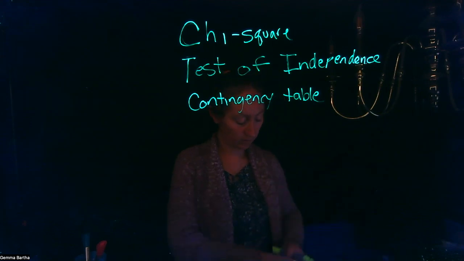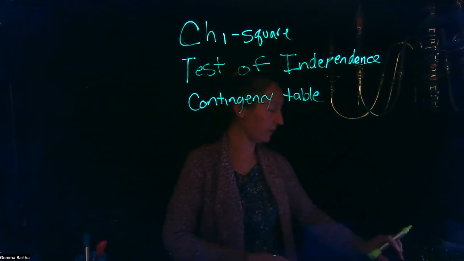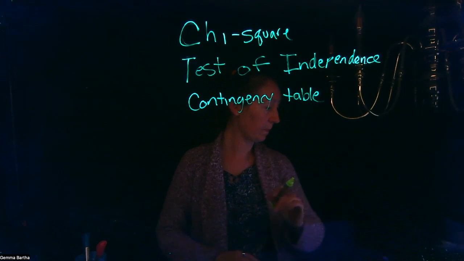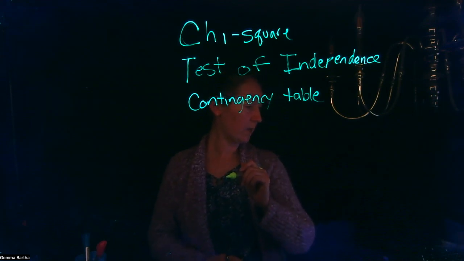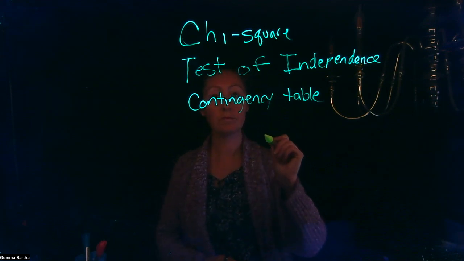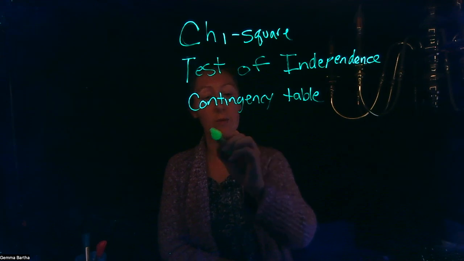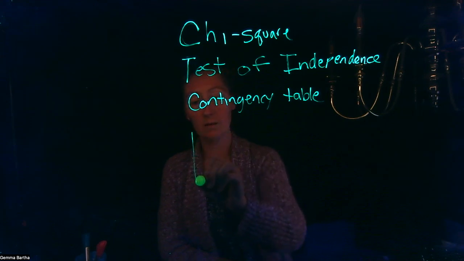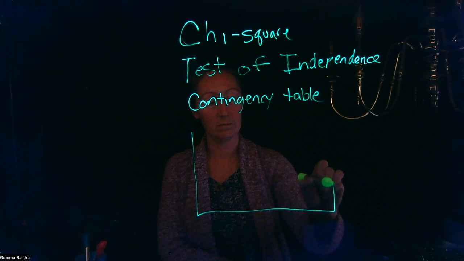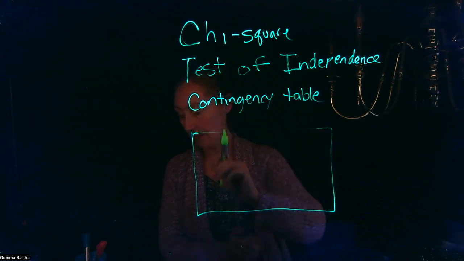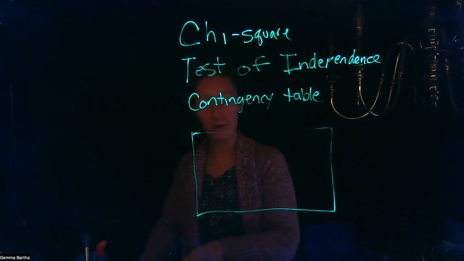And let's just actually write down that contingency table. This contingency table can be found in your lab manual on page 131. So if you take a look, I'll use a different marker for this one.